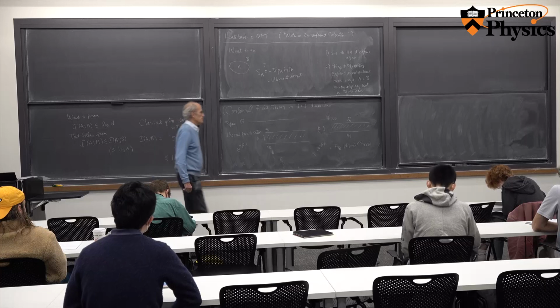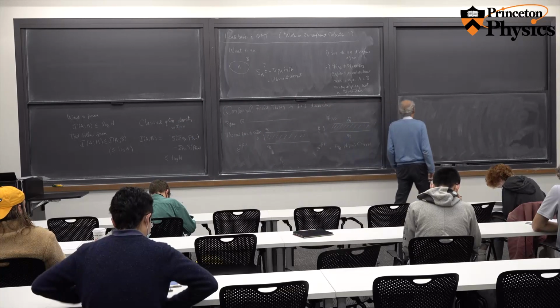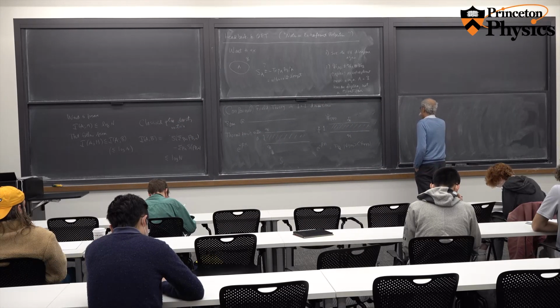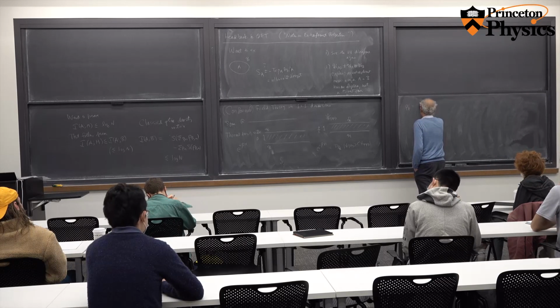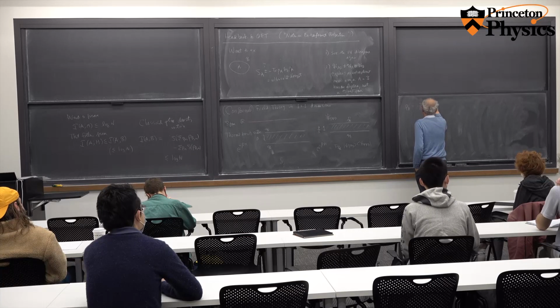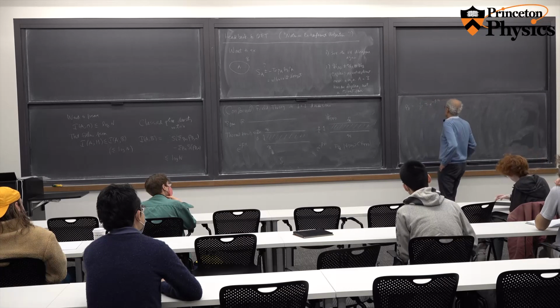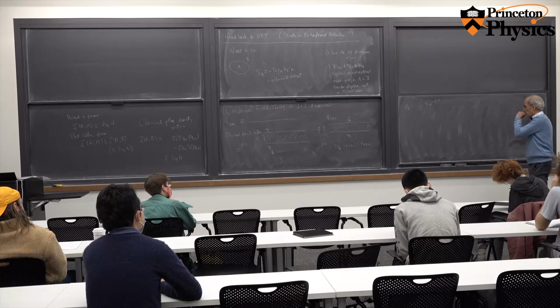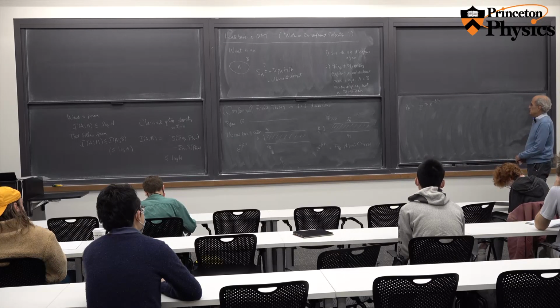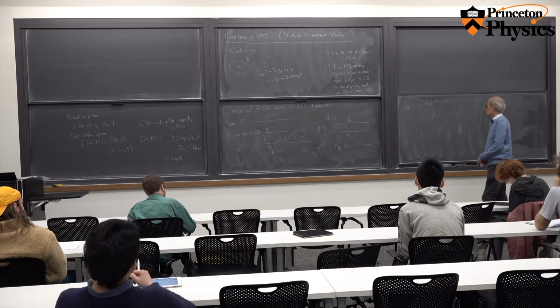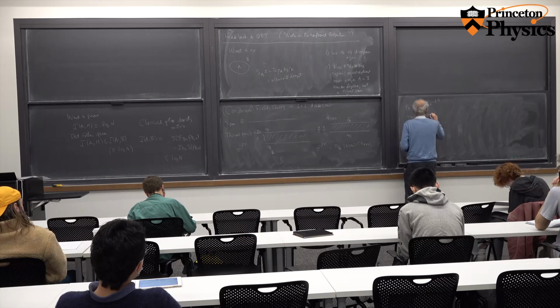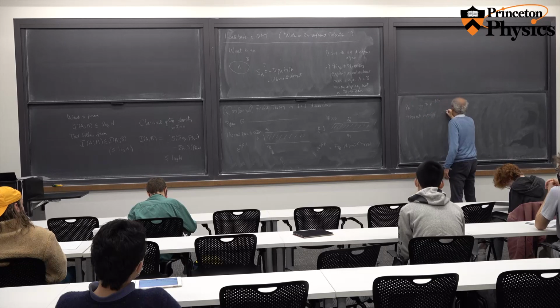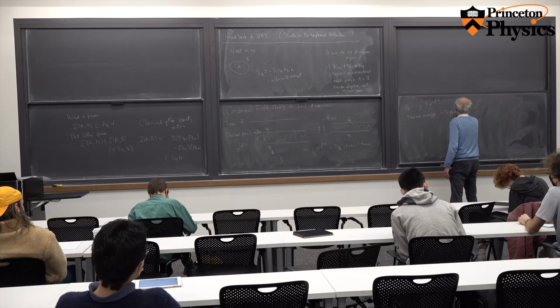Now, if you go back to rho beta, this is what we usually call thermal entropy, which is minus the trace of rho beta log rho beta.